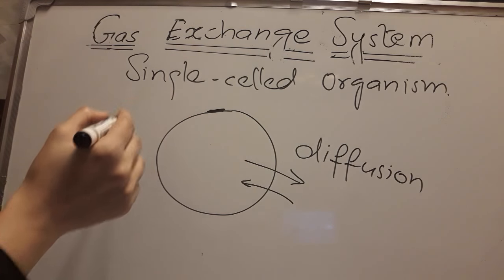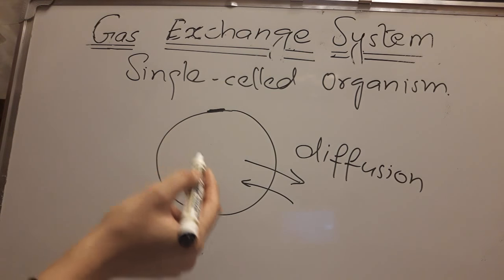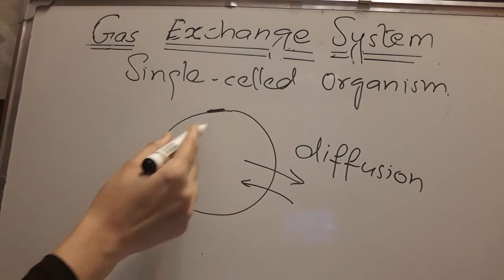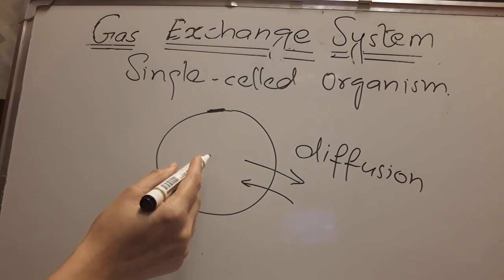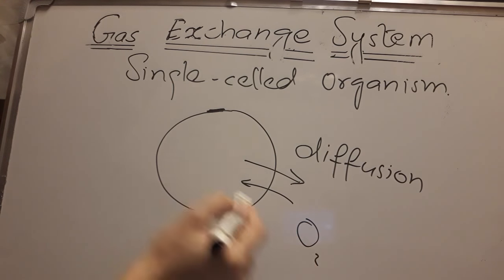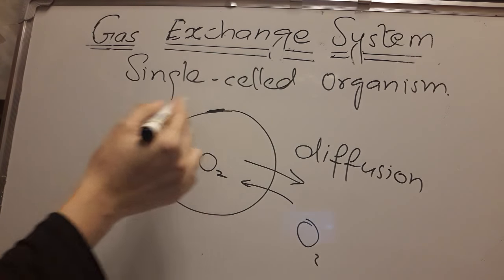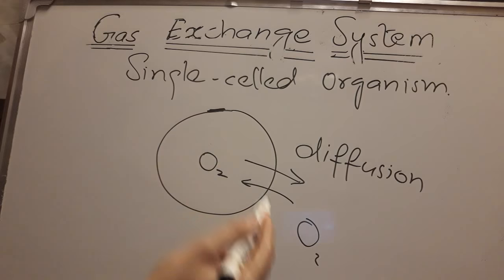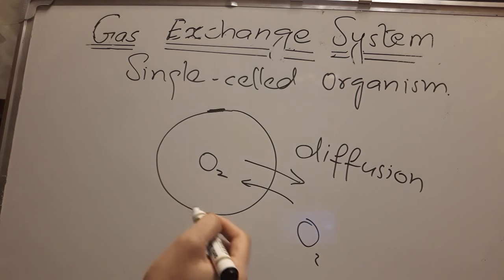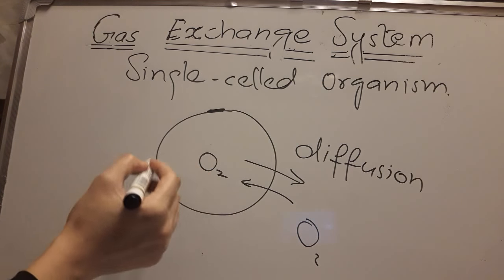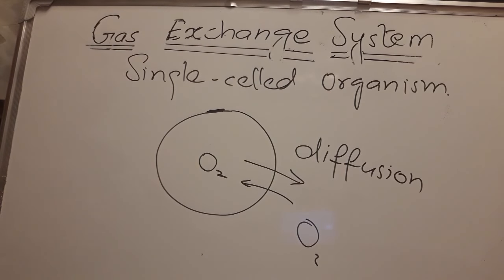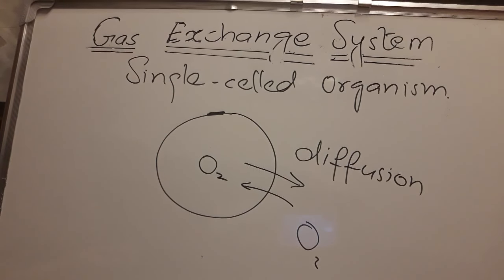This thin surface provides a short diffusion pathway, and oxygen takes part in chemical reactions as soon as it enters the cells. These organisms have their outer surface in direct contact with the environment, where there is plenty of oxygen, so they don't need any proper gas exchange system.